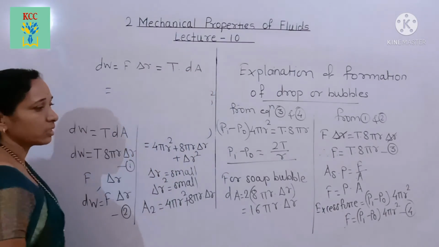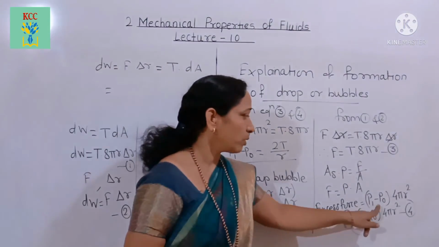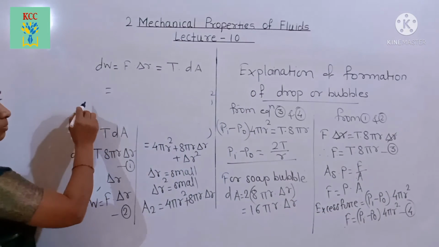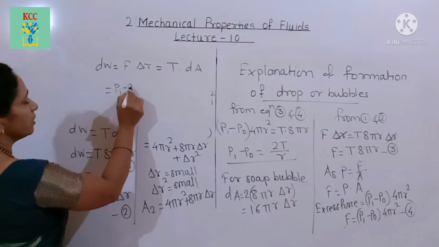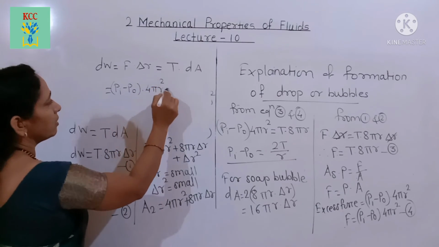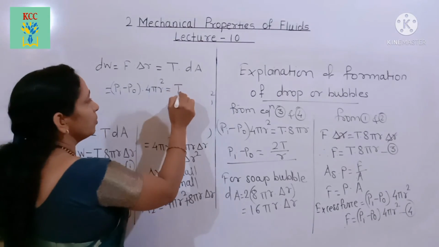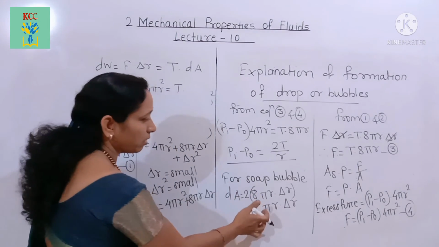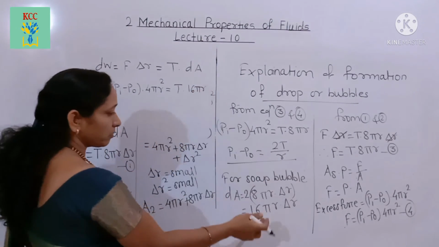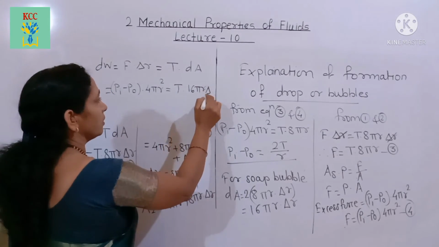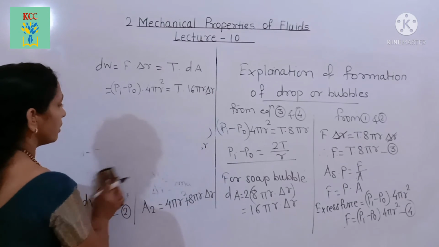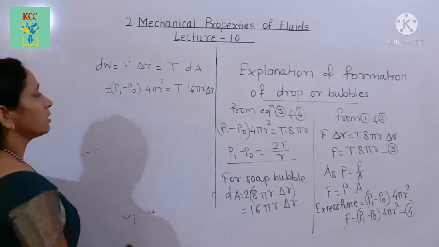This is equal to the excess force, Pi minus P naught into 4 pi r square, and this is equal to T into dA, where for the soap bubble dA equals 16 pi r into delta r.